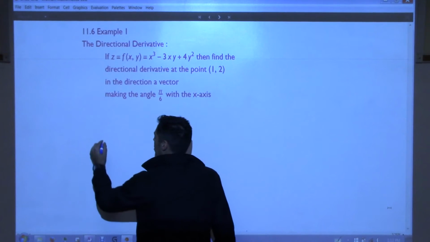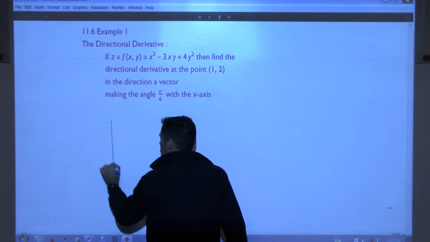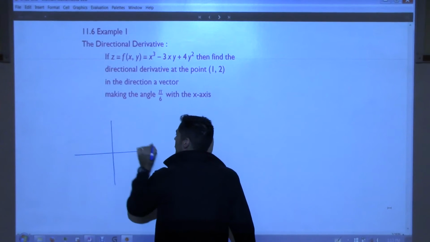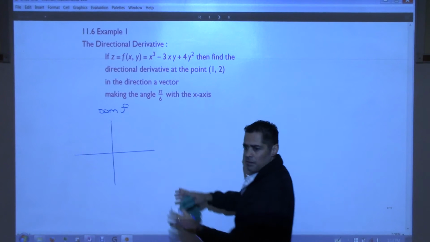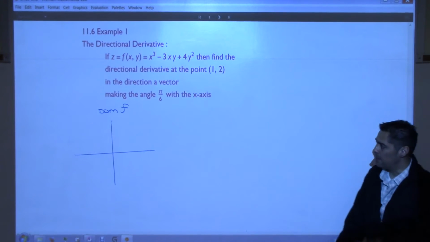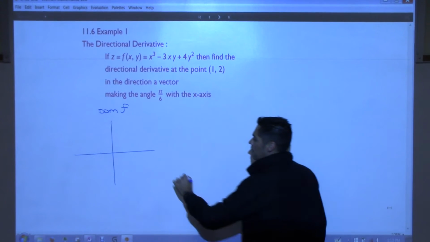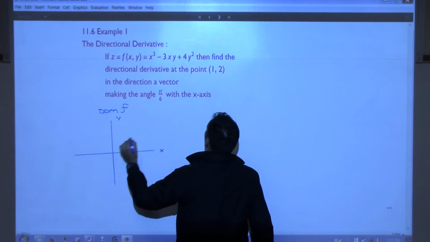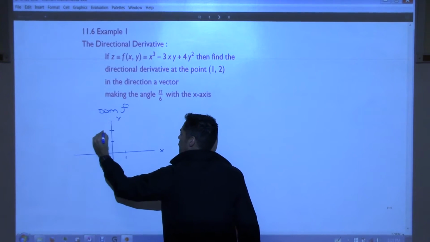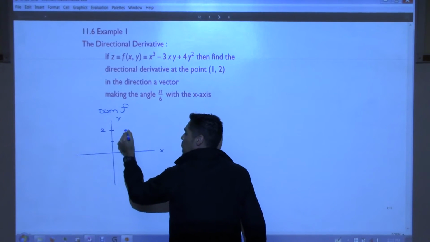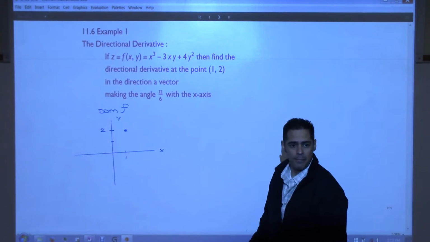So let me look real quick at the domain. Here's the domain of f, which is the flat ground, right? That's the ground, just looking at it from the top. So here's x, here's y. I'm going to the point (1, 2), so 1 for x, 2 for y. And that point's getting plugged into the function, right?